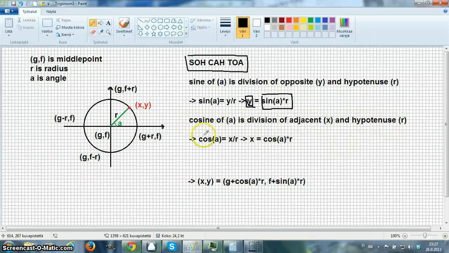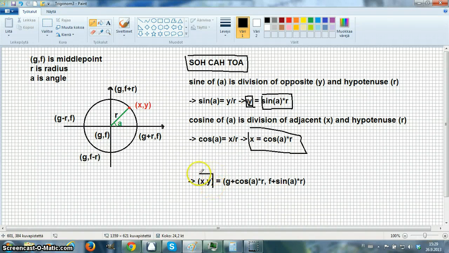And we can find x also by this formula, cosine of A multiplied by r over here.